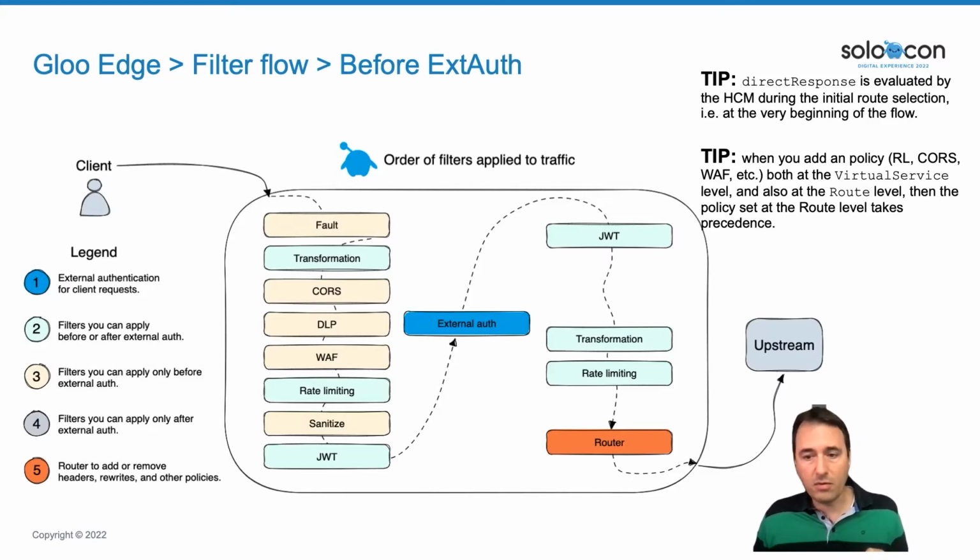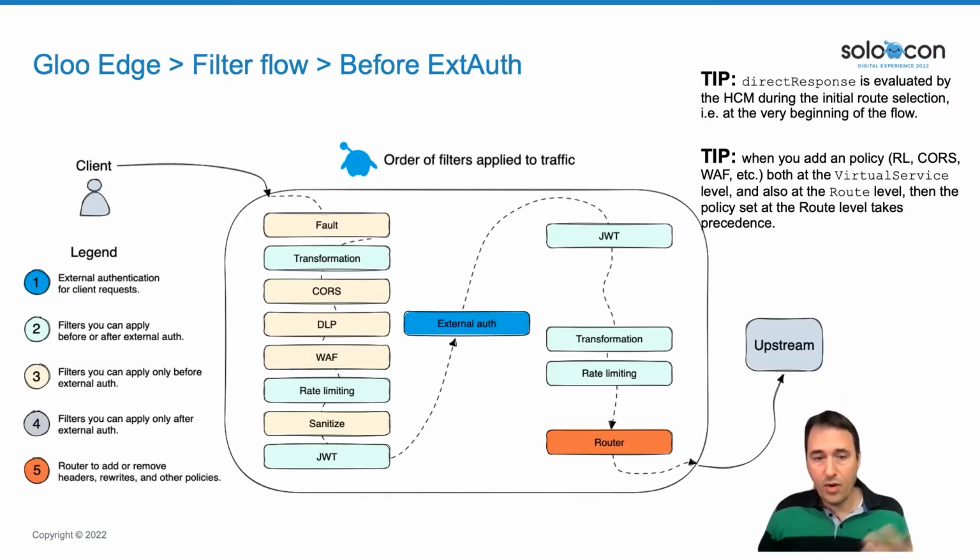The direct response, as the name suggests, directly answers with a 200 or with the code that you want, or with a redirection, or this kind of thing. That is evaluated at the very beginning of the route selection, in the first stage, and that will not change with other filters. The direct response is giving the response and not executing the rest of the filter chain.